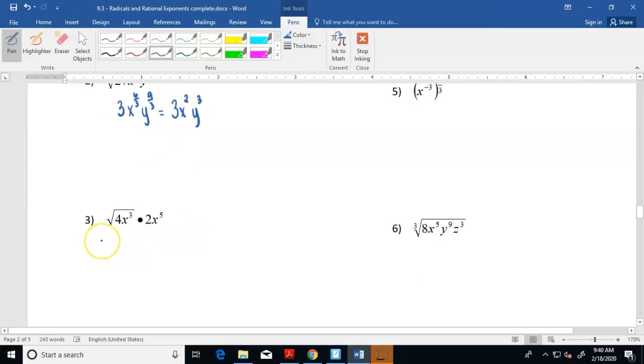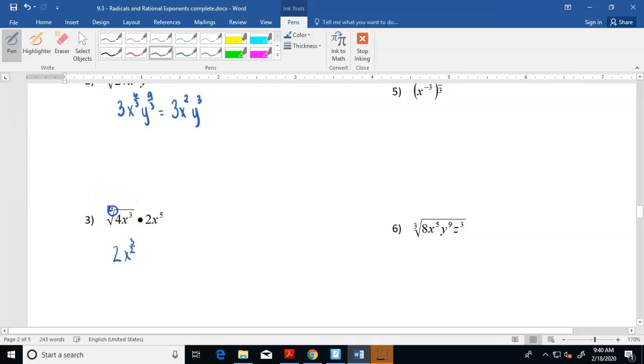Let's try number 3. I've got a square root of 4x to the third times 2x to the fifth. Adam, what is the square root of 4? 2. And then how do I write x to what power? 3 over 2, right?